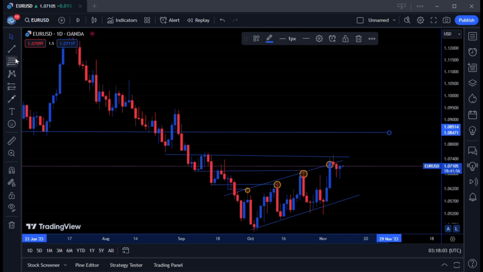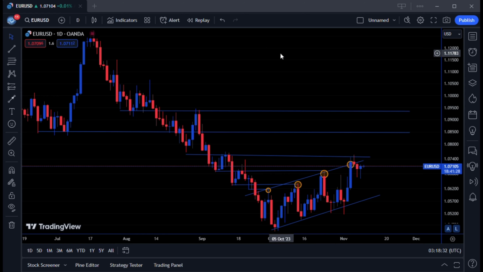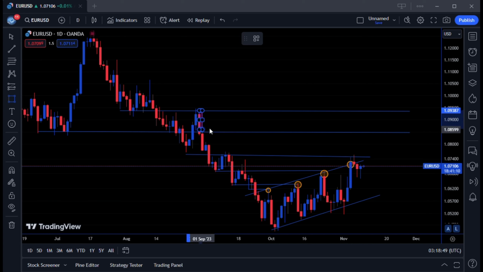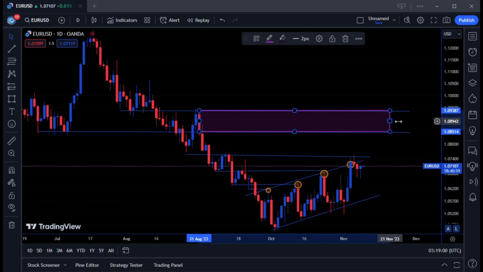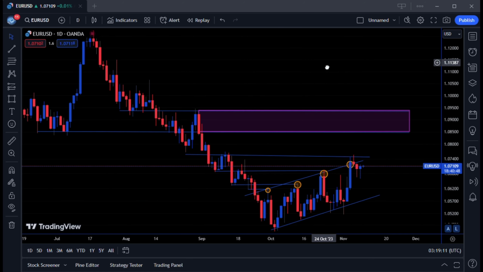Also, there is another level to watch out for. These two levels are close to each other, so prices can aim for any. Now, this highlighted level will be a level of interest.